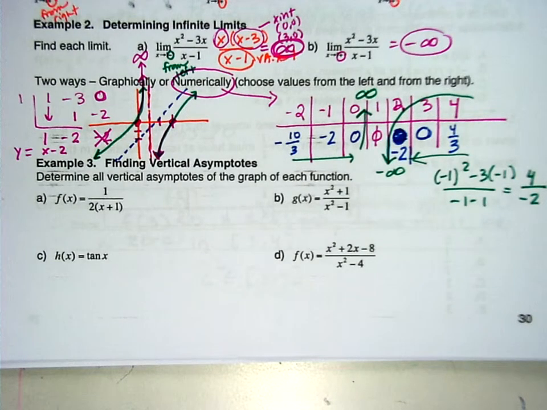Vertical asymptote for letter A. You should write x equals for each of these.